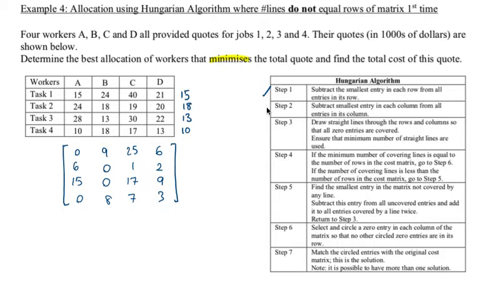Step 2, subtract smallest entries in each column. So we can see here that 1 and 2 are our only ones we have to deduct away from, and then we'll continue.